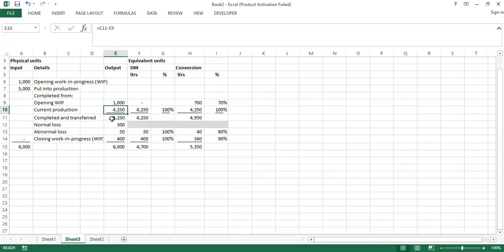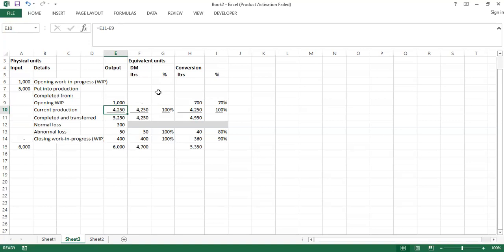But because we are using the first in, first out method, we want to first exhaust the opening work in progress, and then the difference we get is our current units. This is what is referred to as the current production, and that comes as the balancing figure. Then, in terms of equivalent units, this is our portion for equivalent units.